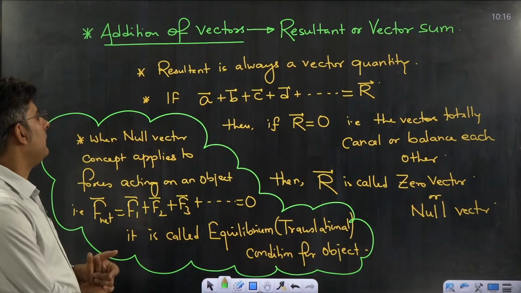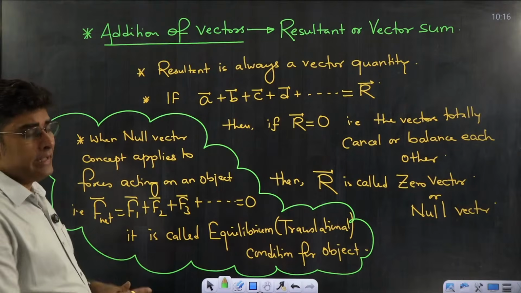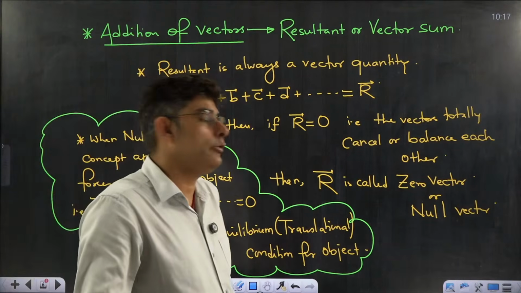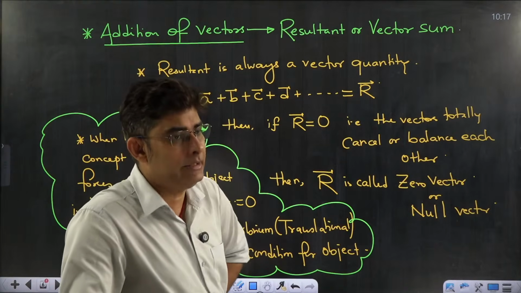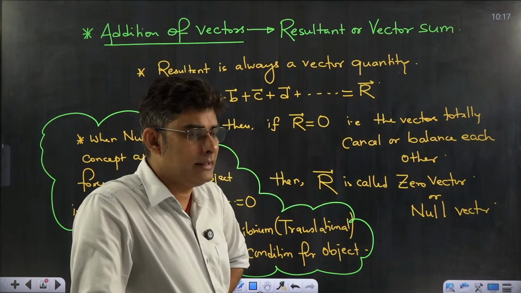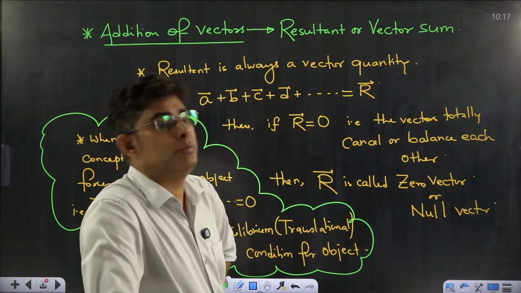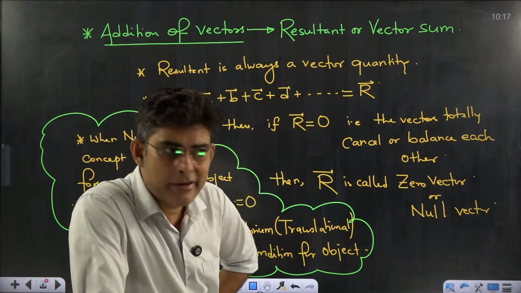Now, once we have written this, what next? How do we add them? How do we represent this addition geometrically? For that, let's understand. In the beginning I told displacement. Displacement is a vector quantity.